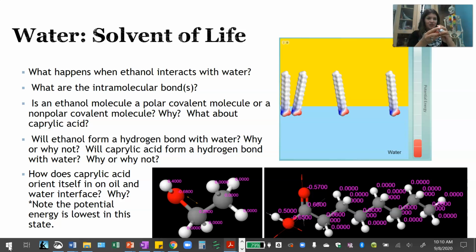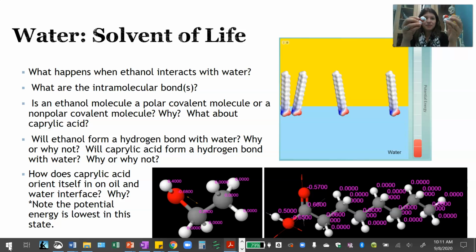You got to play with the ethane, no interaction. Remember, they repel based on our last slide. But the next thing that you got to play with is ethanol. So ethanol is really kind of cool. It's similar to ethane, but it has an alcohol group on it, an OH. So now there's that really electronegative oxygen.